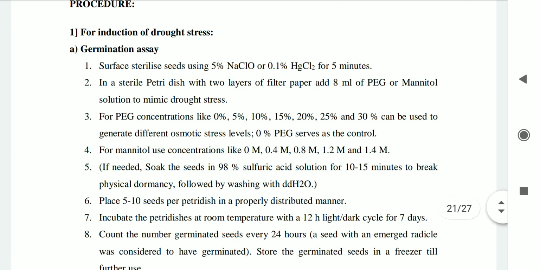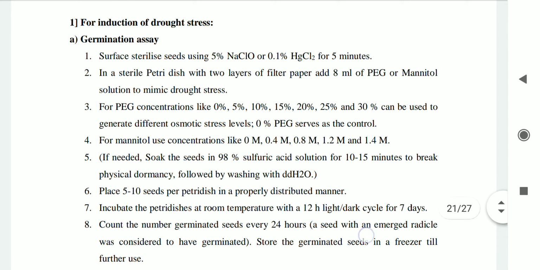These seeds would be sterilized with sodium hypochlorite or mercury chloride, by dipping them in those solutions for 5 minutes. After sterilizing, they would be placed in a petri dish containing mannitol or PEG solution.